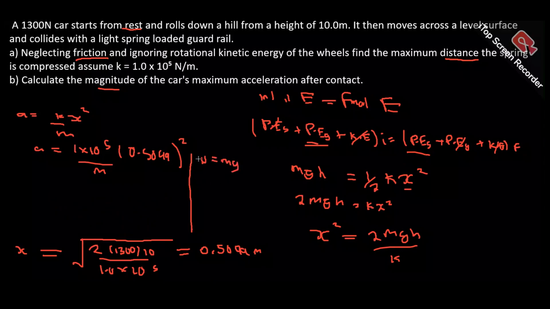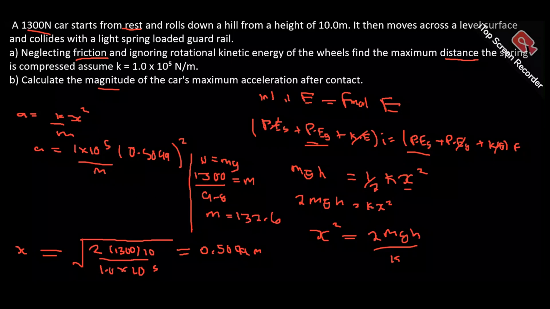So we know that the force that we have is given, and the mass, that's what we're looking for. Using gravity, we divide this by 9.8. So we can have the mass as 132.6.